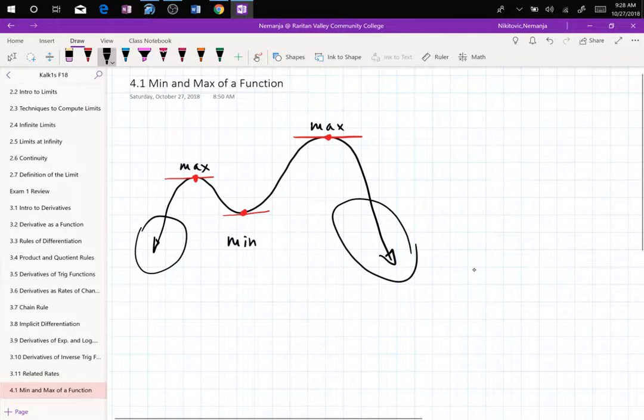So now, we are having a concept of min and max, but now we are separating those minimums and maximums, those minima and maxima, into categories, one of which is absolute and local or relative.